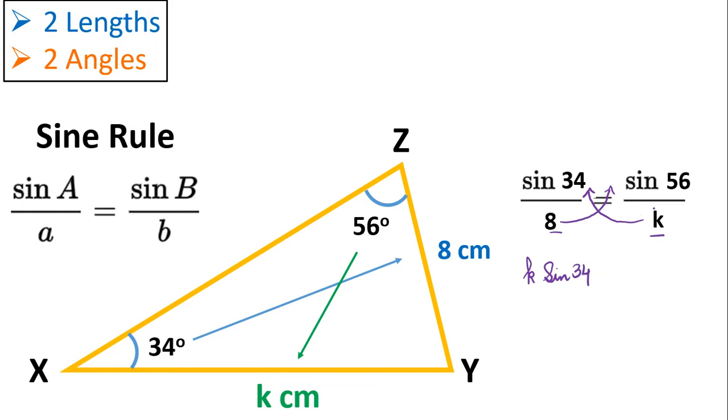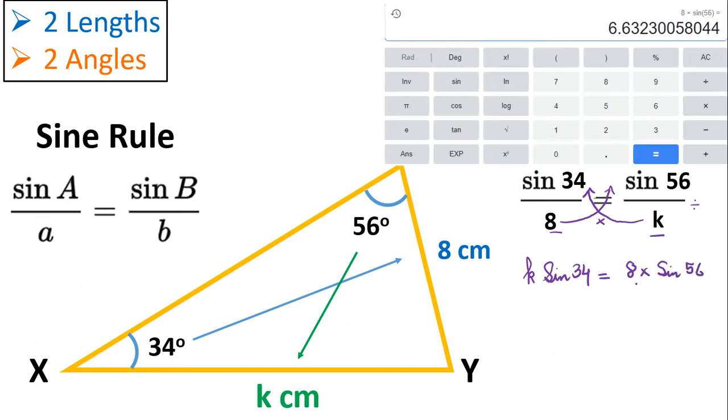Why am I multiplying? Because k is in division with sine 56, so when it goes to the other side, it turns into multiplication. Similarly, when 8 goes to the other side, again 8 is in division with the sine 34, so it turns into multiplication. And I have k sine 34 equals 8 times sine 56.